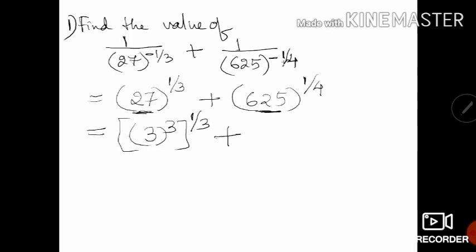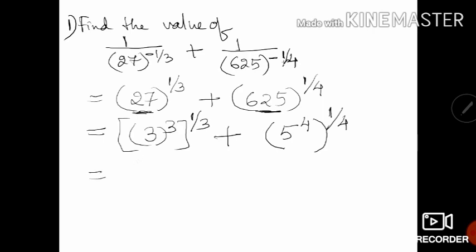Similarly, 625 can be written as a number with exponent, that is 5 to the power 4 whole to the power 1 on 4. We can use the prime factorization method to find the factors of 27 and 625.